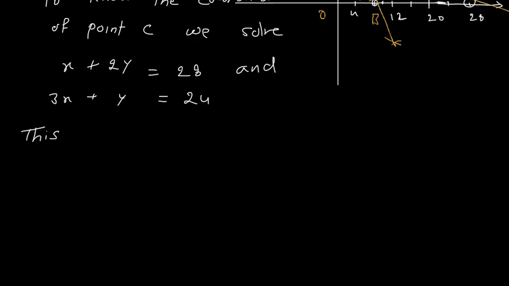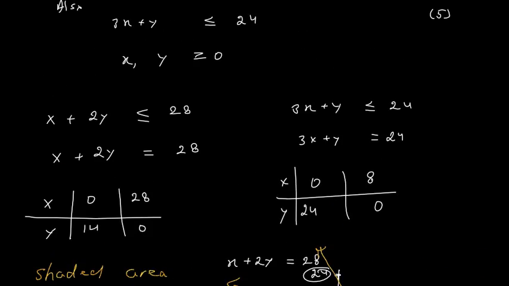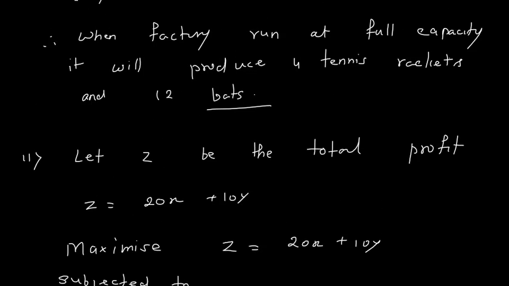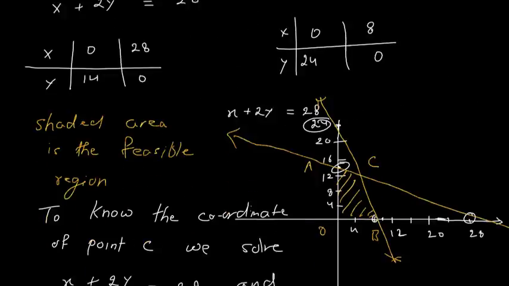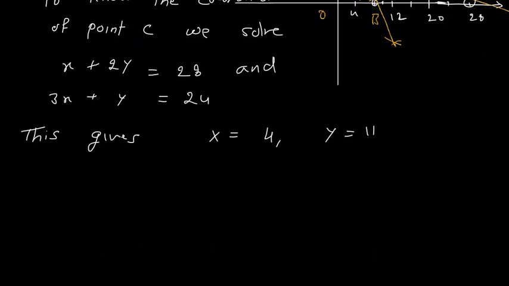This gives x is equal to 4 and y is equal to 12, right? x is 4 and y is 12. So our point C is 4, 12.